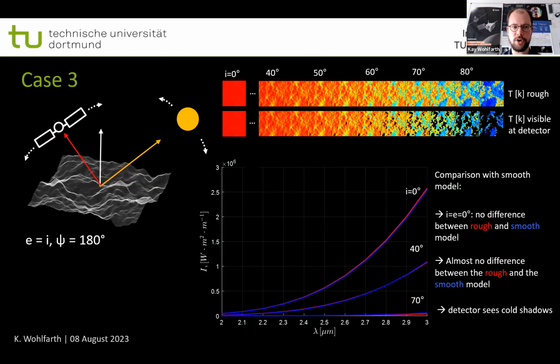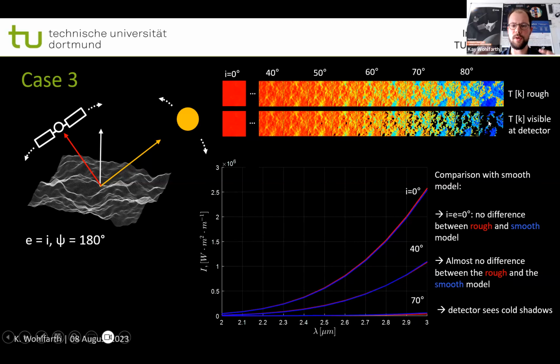Now I have a third case where there is an azimuth of 180 degrees between the incidence and the emission. And what we can see here in the map is that the temperature map that is visible at the detector has lots of blue regions over here.